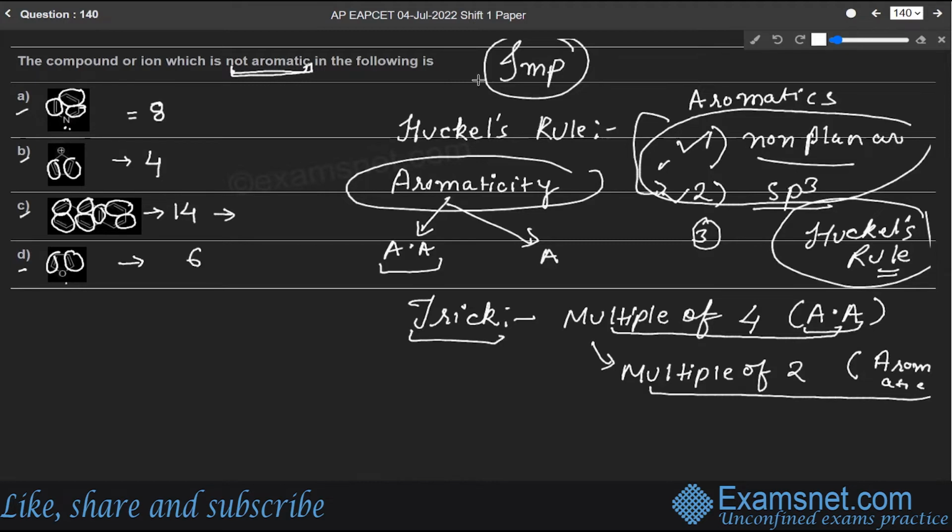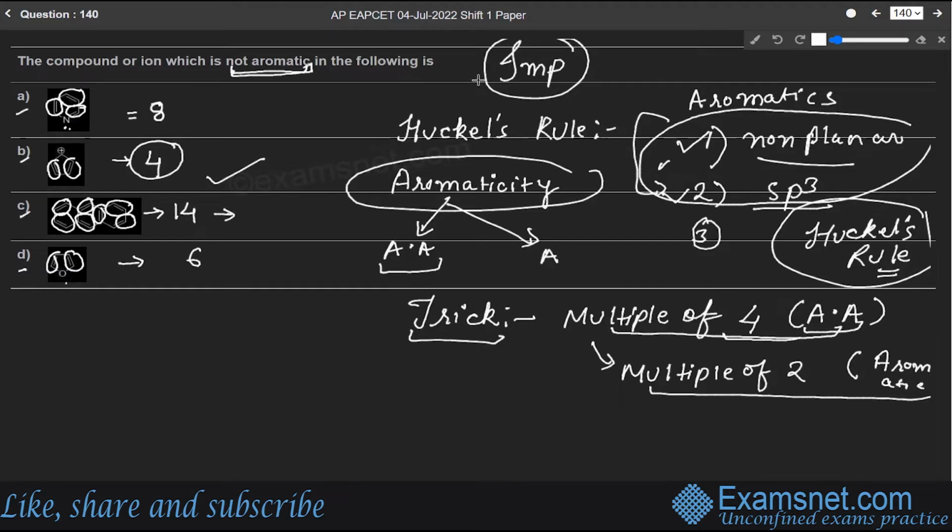So how will you check now? See, which is fitting with our system. 2, 4, 6. So now if you look at option B, you get a multiple of 4. So that would be the correct option to match.